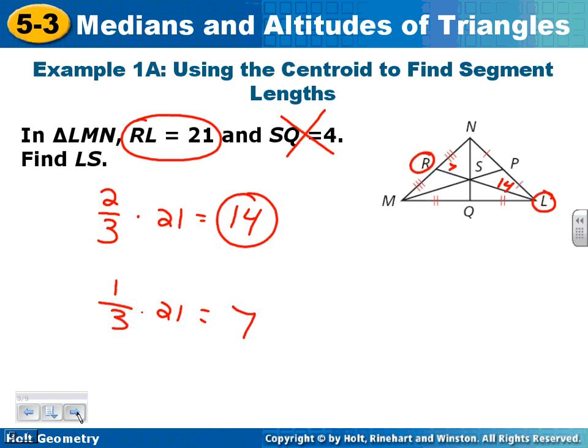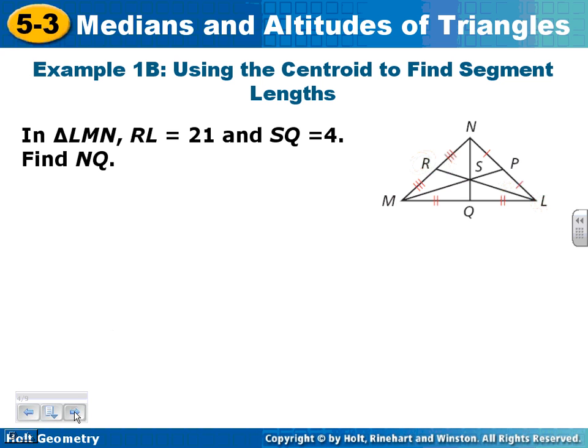Well, I'm going to change colors to green here. And let's talk about this, SQ is 4. So I'm going to put SQ is 4. So if SQ is 4, then looking at the diagram from S up to N would be 8. The whole length would be 12. So I just kind of added that on.